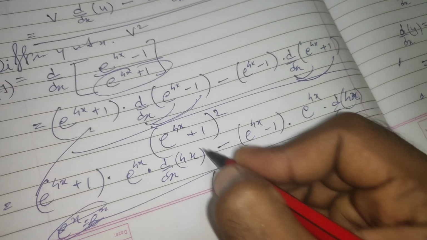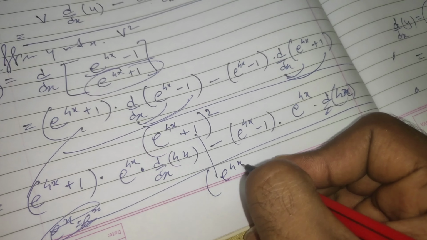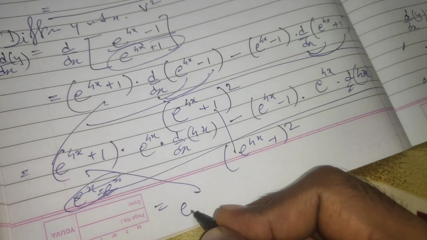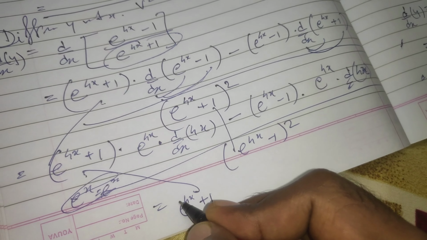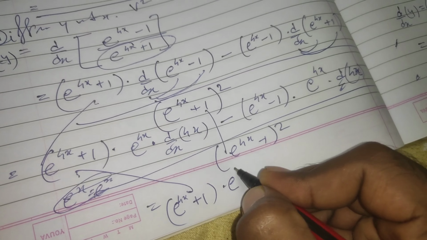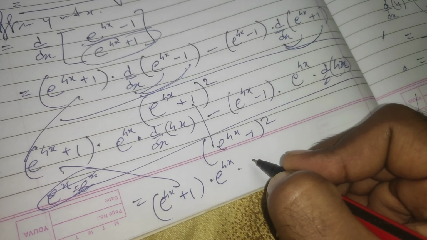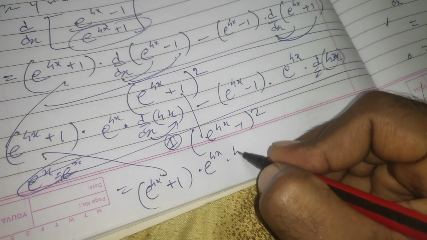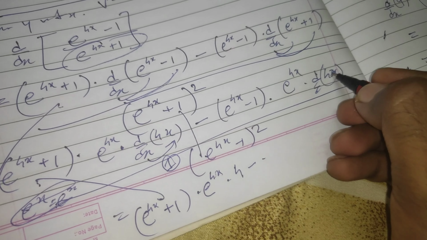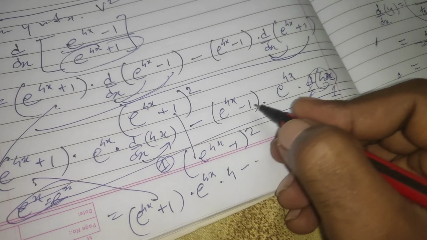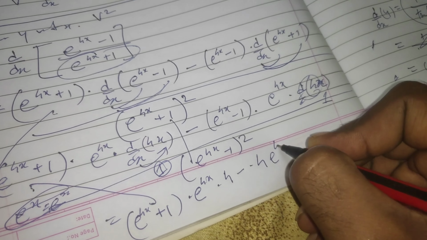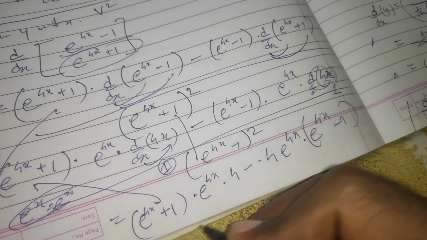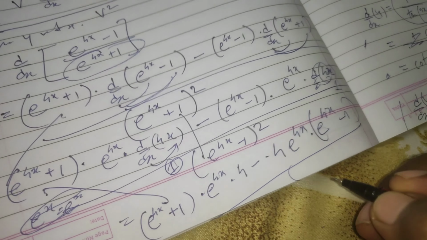This remains as it is, e raised to power 4x plus 1 whole square, this as it is, e raised to power 4x plus 1 into e raised to power 4x into the derivative of this, 4 comes out as constant and the derivative of x is 1, so 4, minus this also same 4, as the derivative of x is 1. So I am writing it here, 4 e raised to power 4x into e raised to power 4x minus 1 divided by e raised to power 4x minus 1.